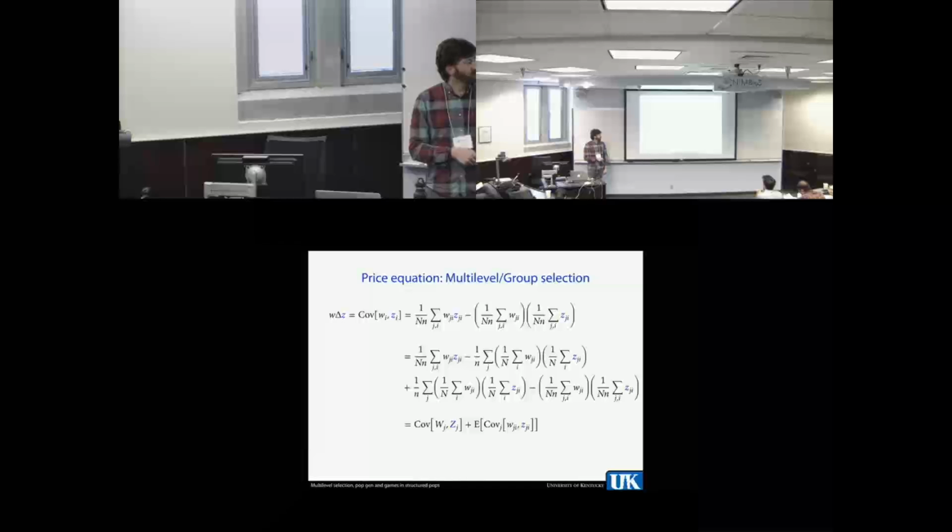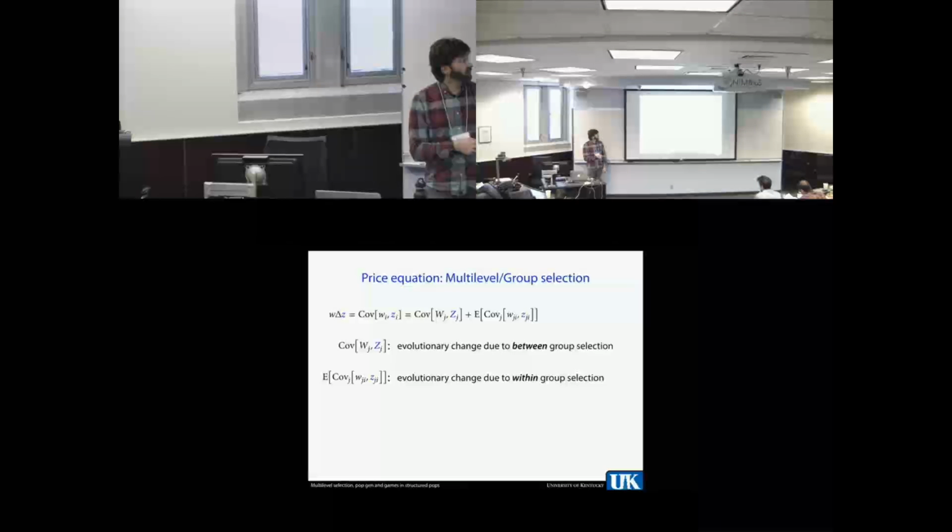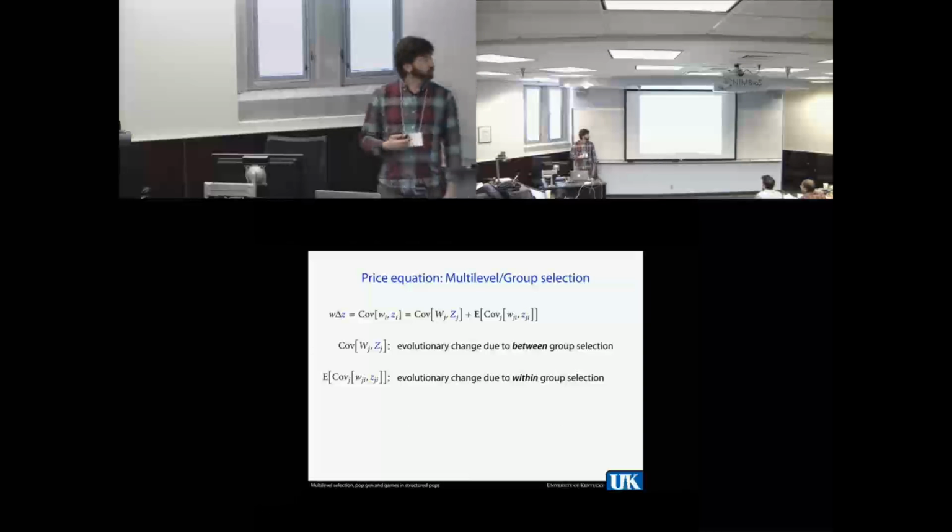And the second term is the expected covariance within groups, so this would be the covariance within group J of the fitness of an individual in group J and its phenotype in group J. So what that leaves us with is that this first covariance is the evolutionary change due to between-group selection, and the second term, this expected covariance, is the evolutionary change due to within-group selection.